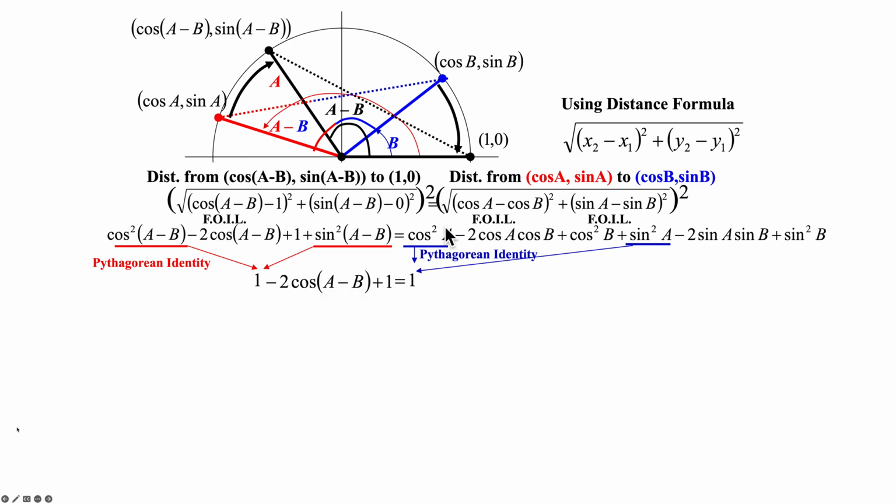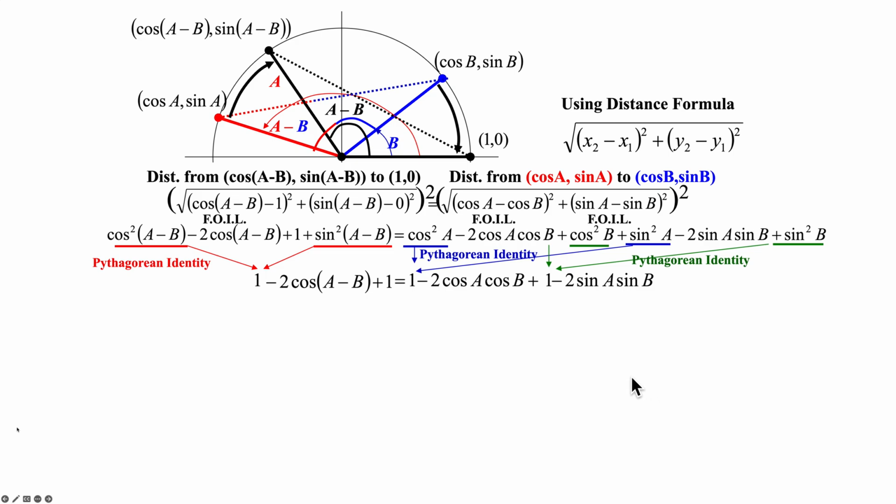Then here, cosine squared A plus sine squared A, that's a 1. Bring down the minus 2 cosine A cosine B plus cosine squared B plus sine squared B. That will be a 1. Oops, my arrow is a little off, so it should be pointing from this green line to here. Then we'll bring down the minus 2 sine A sine B.